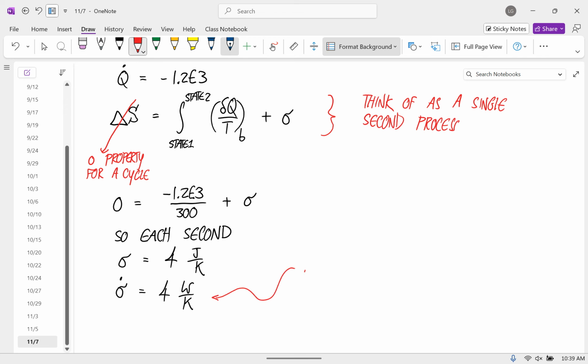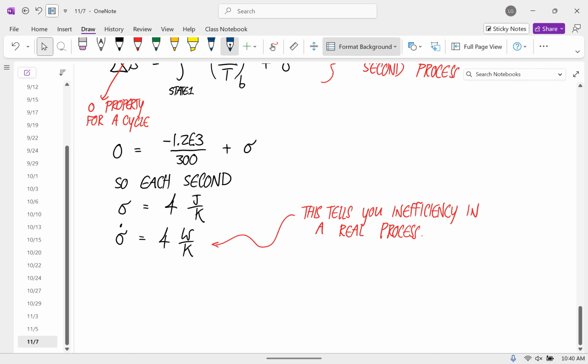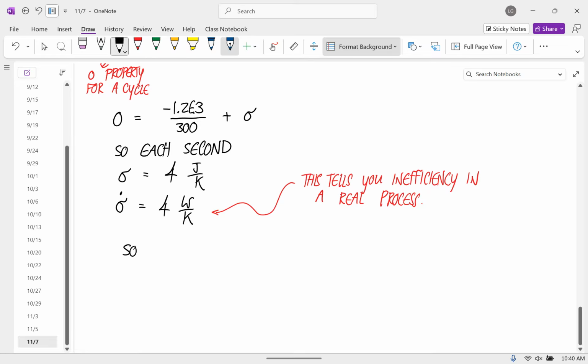So this tells you the inefficiency in a real process. So far we've used entropy to measure inefficiency.